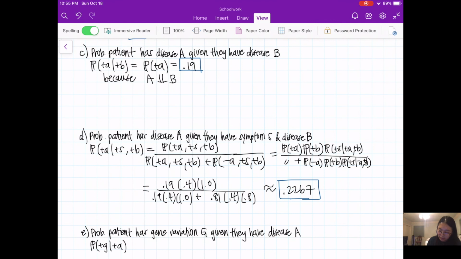So yeah, that would be your probability that your patient has disease A, given that they have disease B and symptom S. And then moving on to E, the last part.